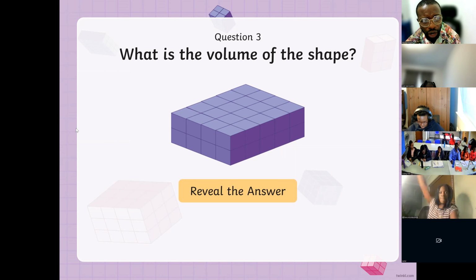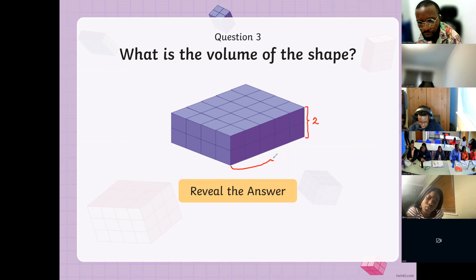Okay, guys, let us count. How many layers? We've got 2 layers. Okay, let's see. How many do we have here? 1, 2, 3, 4, 5.